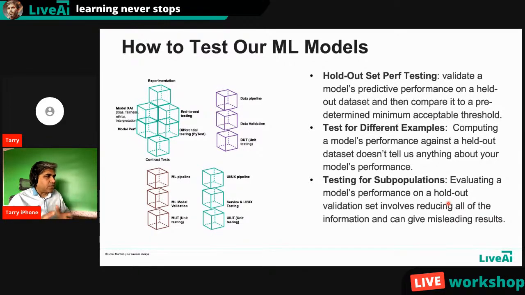When you reduce the information contained in the predictions down to a single metric, such as accuracy, these aggregations can produce misleading results, and that's where you should be very careful. A model's performance on a specific slice of data can be very different from how it performs on the entire data set. So you need to start understanding things like model fairness and how to test these on subpopulations. Be careful about that.